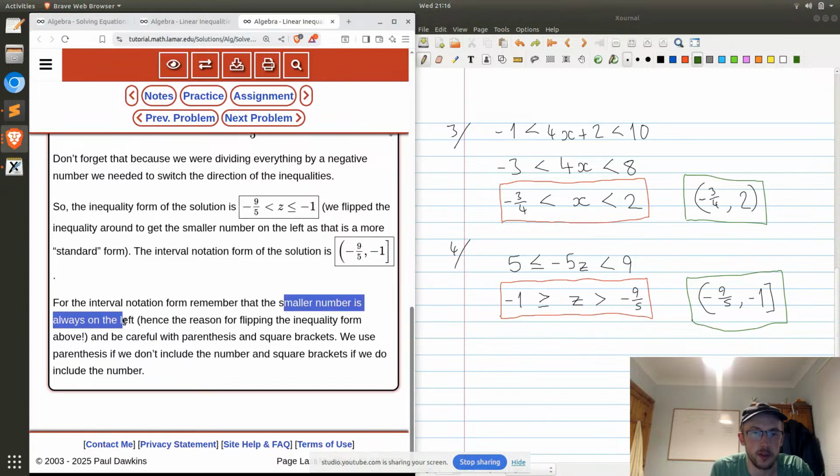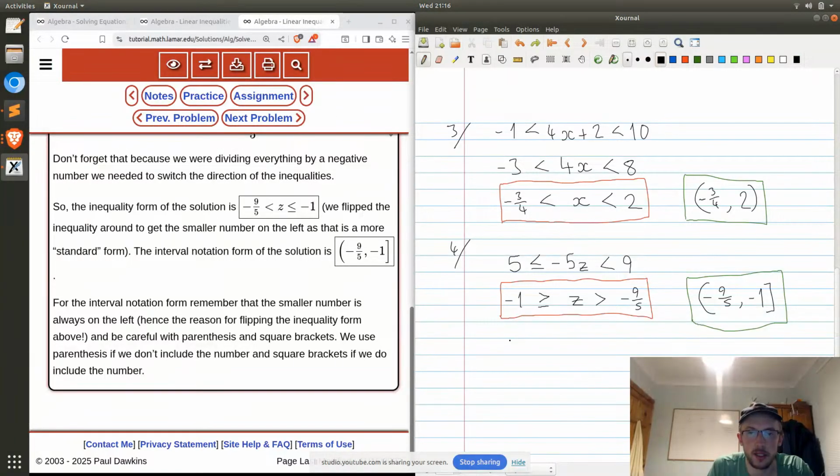It's always on the left. So to be totally clear, this is preferred for inequality notation, whereas the green one is mandatory.